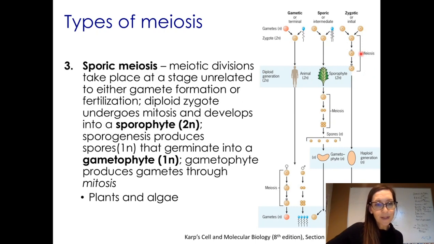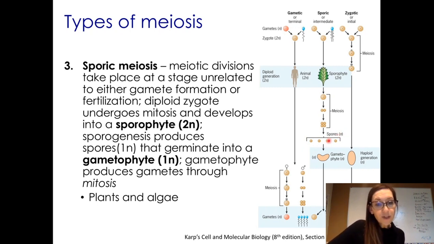The third type, as I mentioned, sporic meiosis, or sometimes called intermediate meiosis. Meiotic divisions take place at stages unrelated to gamete formation or fertilization. In this case, you have a diploid zygote that grows through mitosis to become a multicellular sporophyte. That sporophyte undergoes meiosis to create haploid spores. Those are 1N.